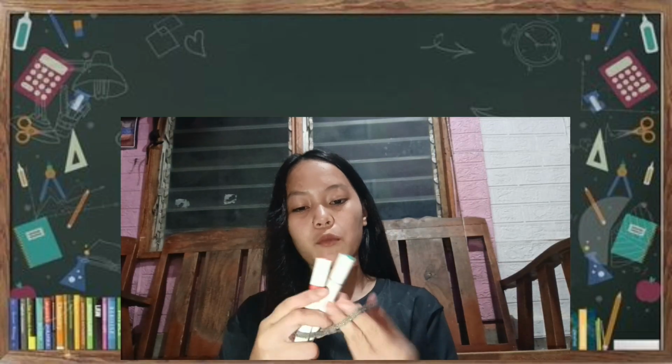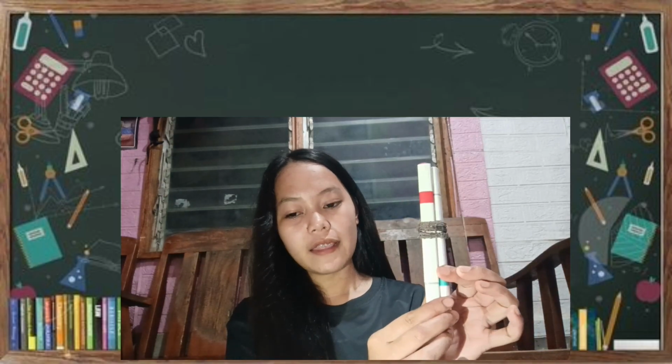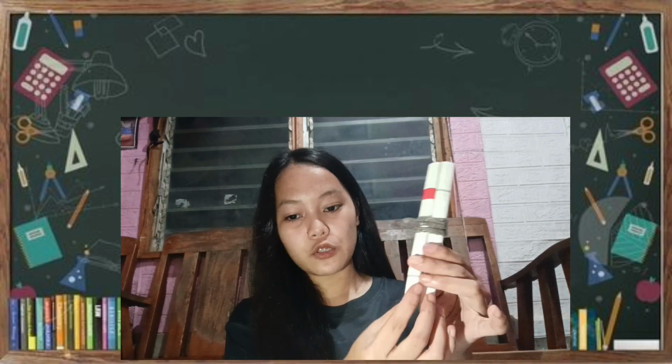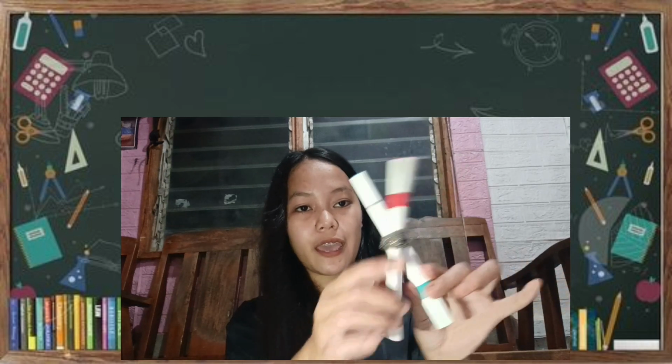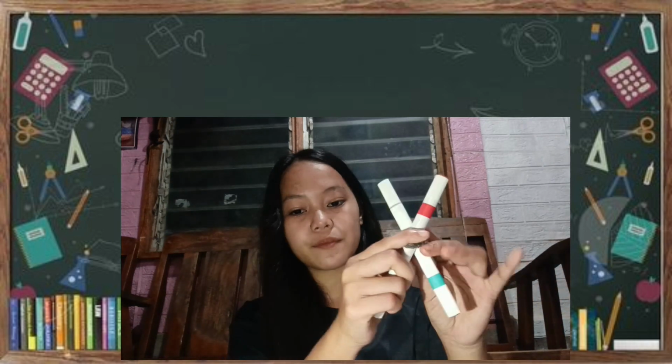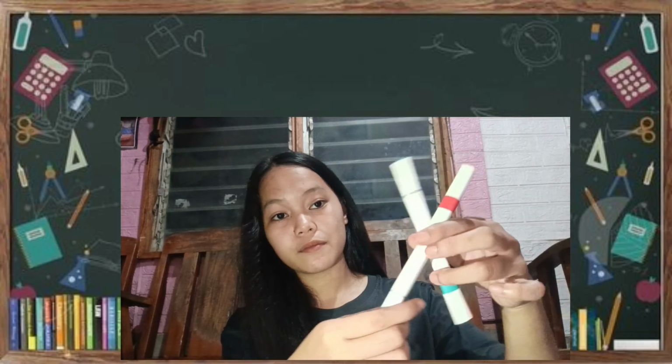So for example, I will put them all together and hold these two things together in the middle to form an X. This represents two intersecting lines.